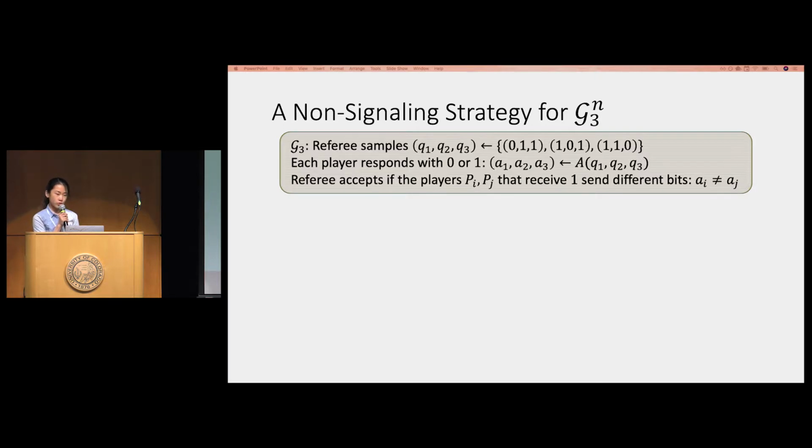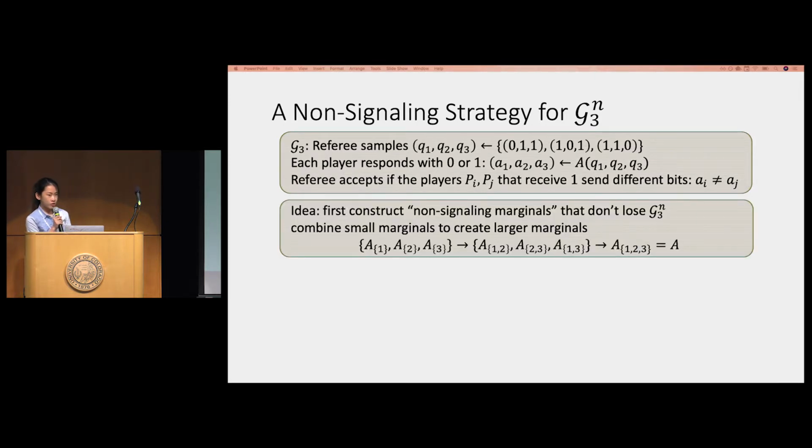So we're going to construct a non-signaling strategy for the n-fold repetition, and the idea will be to first start small. We're going to start by constructing non-signaling marginals that don't lose this n-fold repetition. I won't formally say what non-signaling marginals are, but the definition is pretty simple to generalize here.